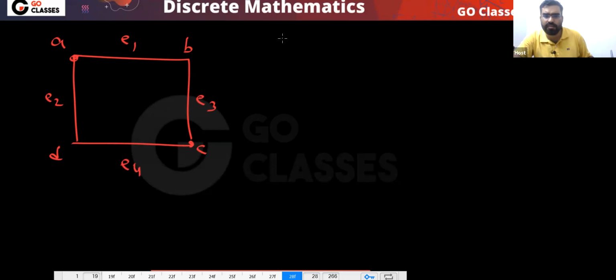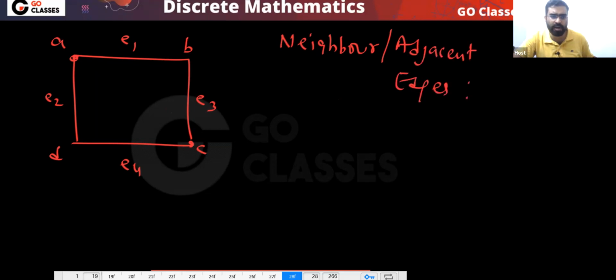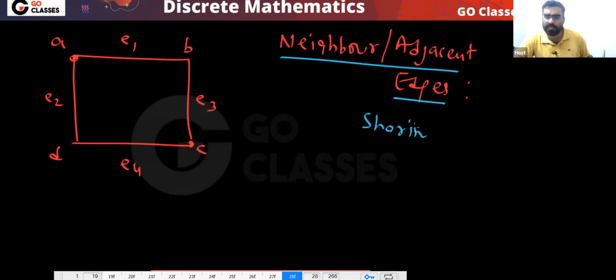Which edges are neighbor or adjacent edges? When they share a common endpoint, right? Adjacent edges means sharing a common endpoint.